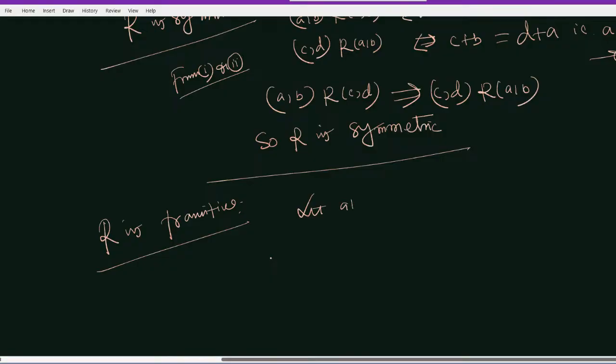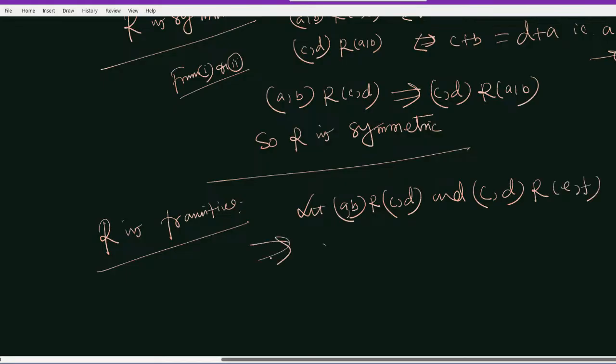Now the proof for R being transitive. Let AB R CD and CD R EF. What does this mean? Understood? And what are you going to prove?